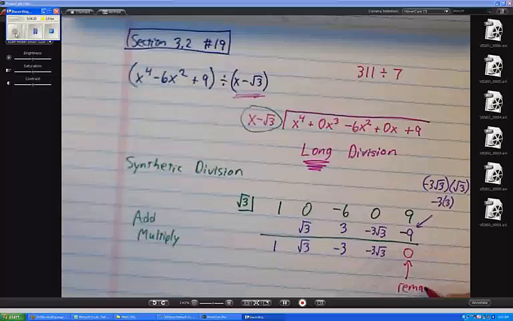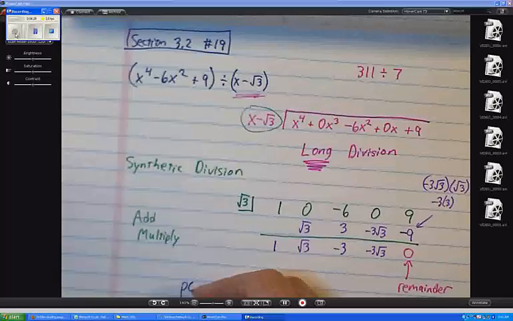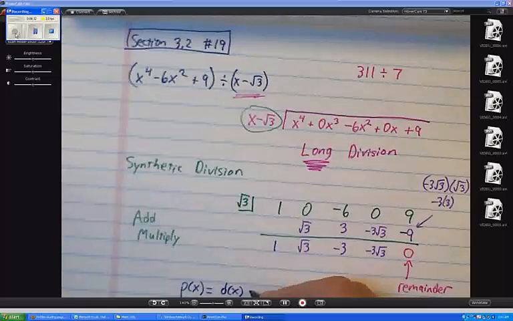That's really nice. And what that means is we can always write P of x equals D of x, that stands for divisor, times Q of x. What do you think that stands for? Nice. Quotient, plus R of x, which is remainder. So the remainder is 0, right? That's 0 in my example.